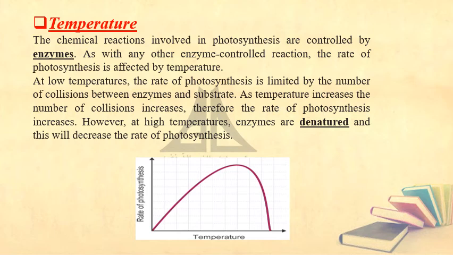So you have to know that a very low temperature is not good for the green plant to make photosynthesis, neither is a high temperature. The plant should be placed in an optimum temperature in order for photosynthesis to take place.